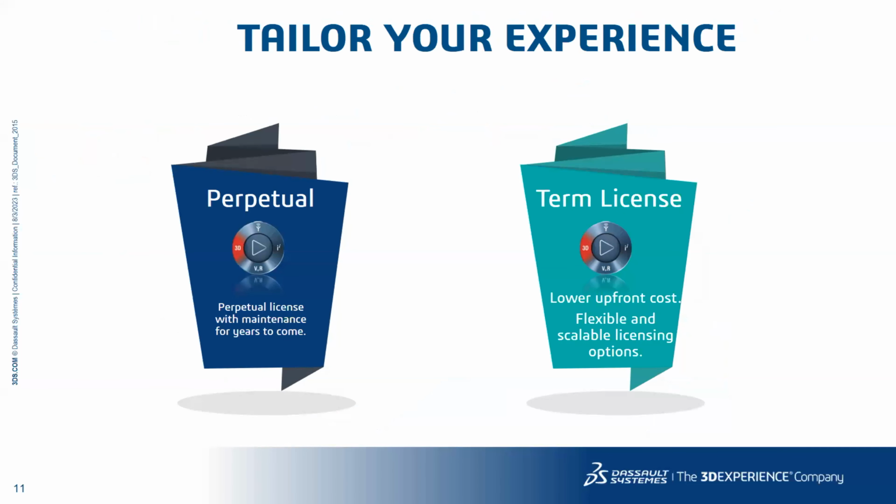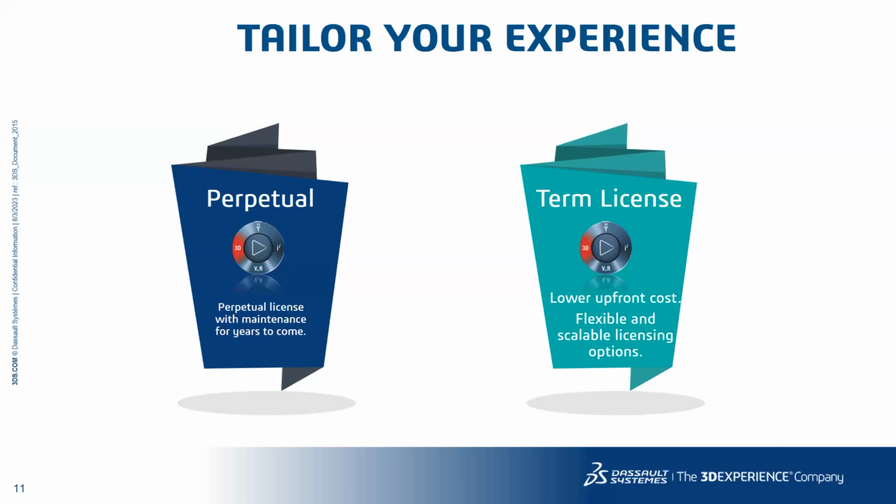And then last but not least, we give our customers different choices of how they wish to do business with us and how they wish to consume our solutions. We have two options. The one is a perpetual license, whereby a larger upfront investment is required in return for a lower annual subscription fee.